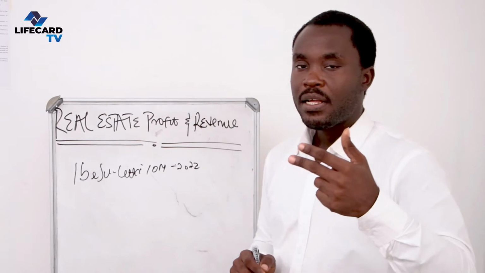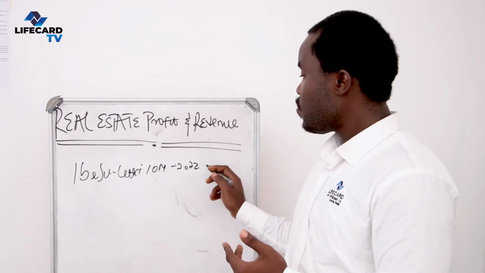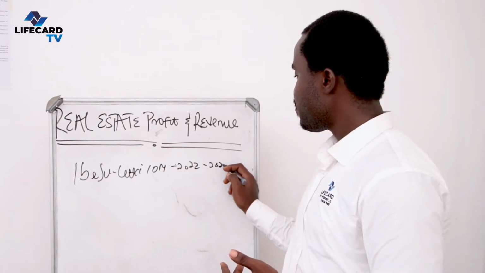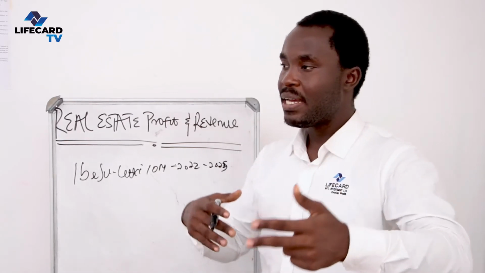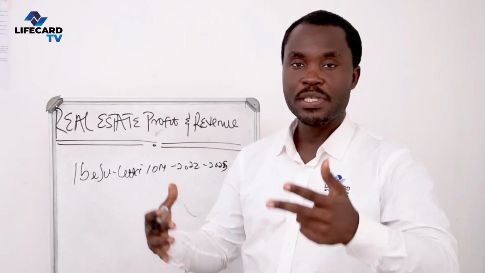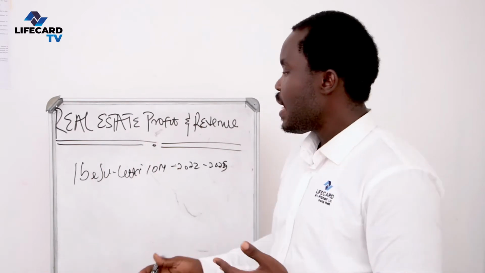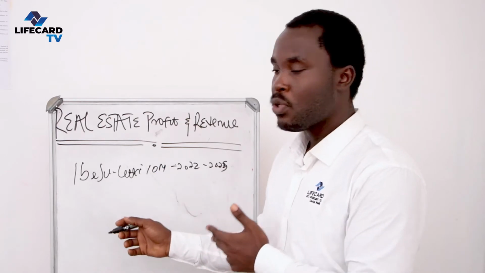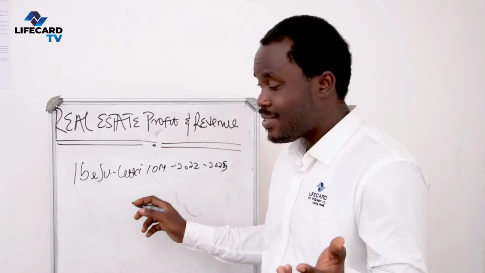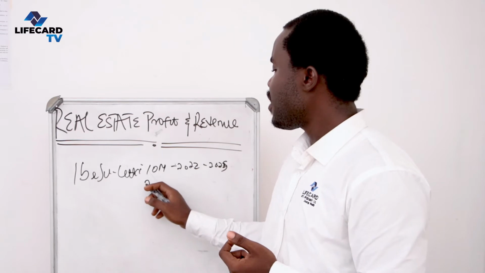And then 3 years later, probably in 2025, that property appreciated by 50%, 100%. This is just an example. And then in 2025, that property goes from 10 million to, let's say, for example, 25 million.